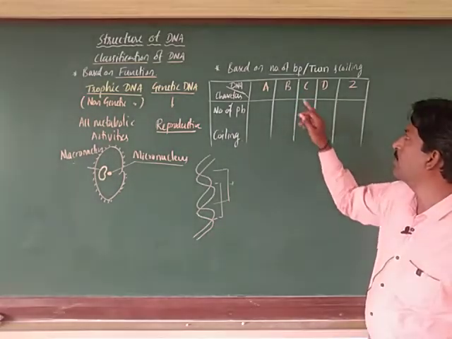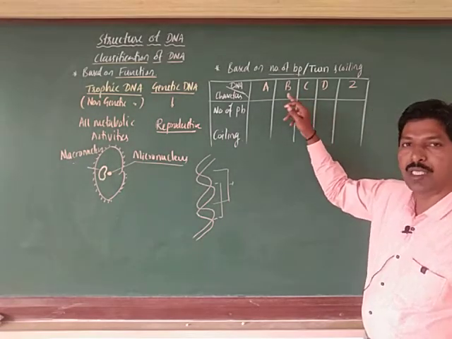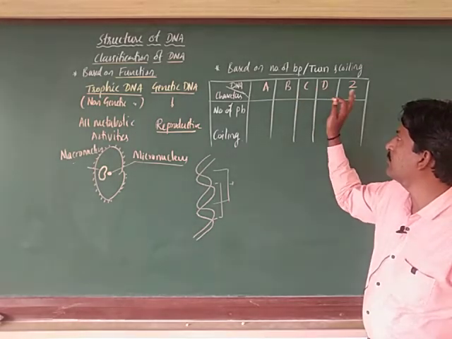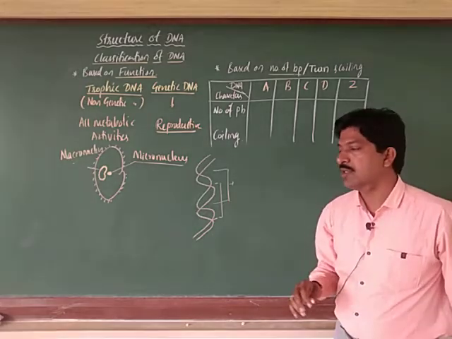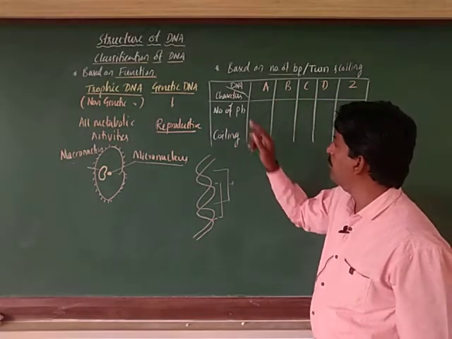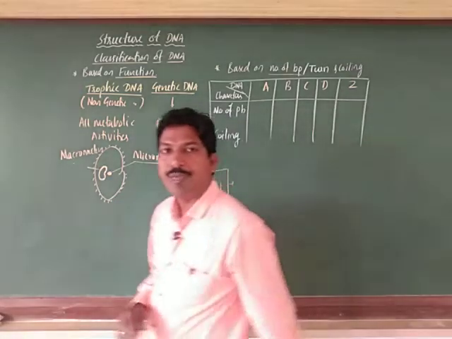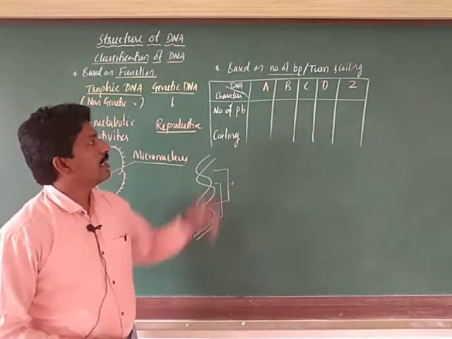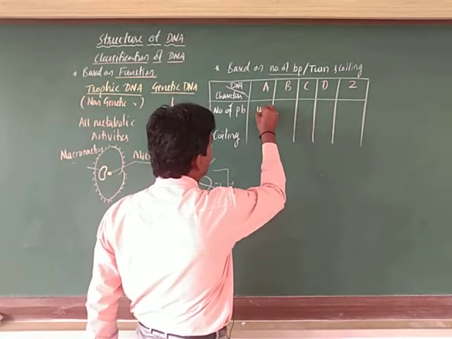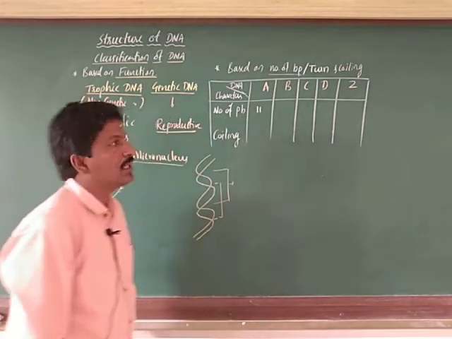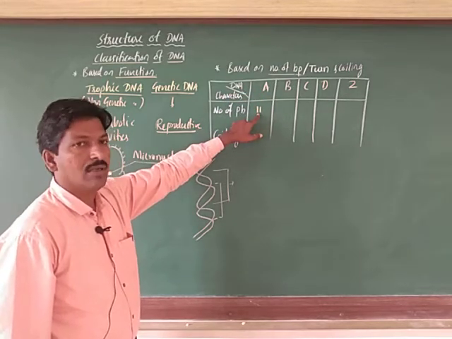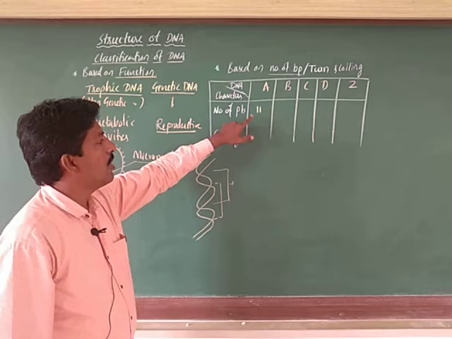These are the common forms. Usually the B form is quite common, and you may also observe the A form and C, D, and other such forms of DNA. As for the number of base pairs, A DNA has 11 base pairs per turn.